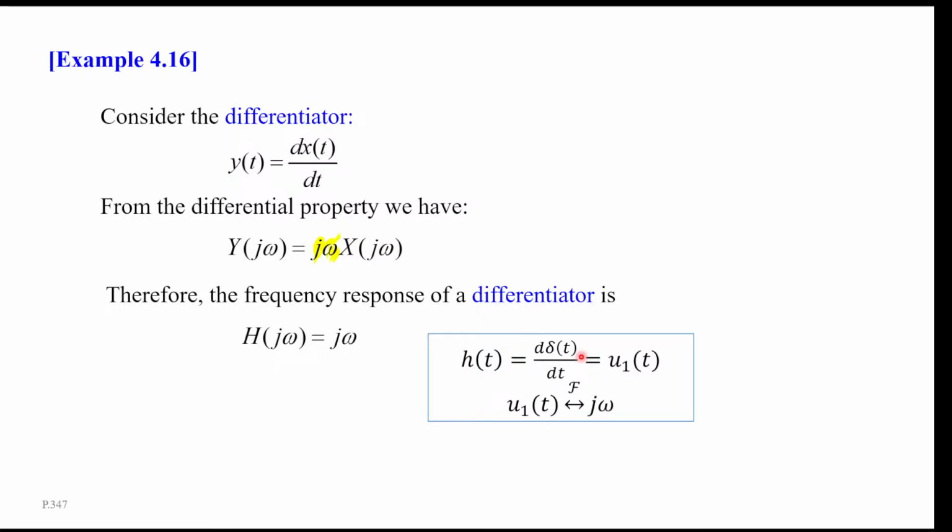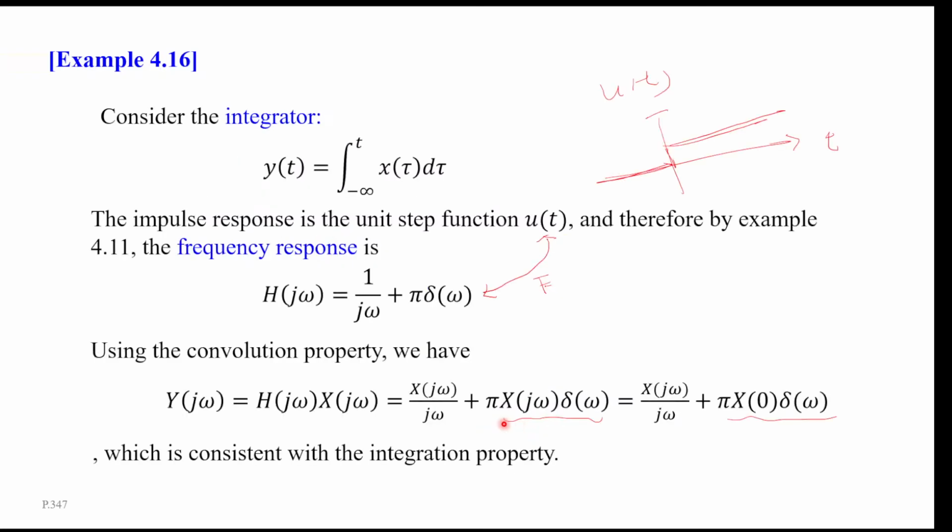And so here we got a very singular Fourier transform pair, u1 Fourier transform to j omega. And both sides of the integration are really not convergent, but you can somehow define these two as a Fourier transform pair.